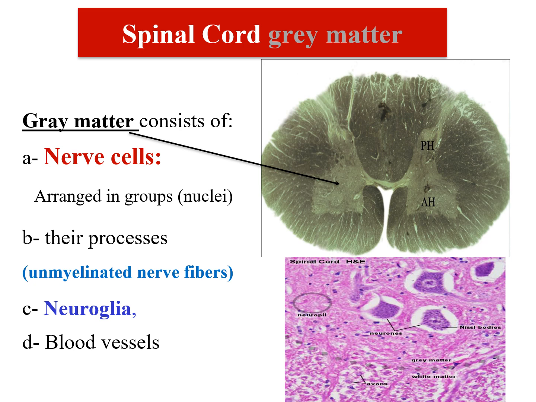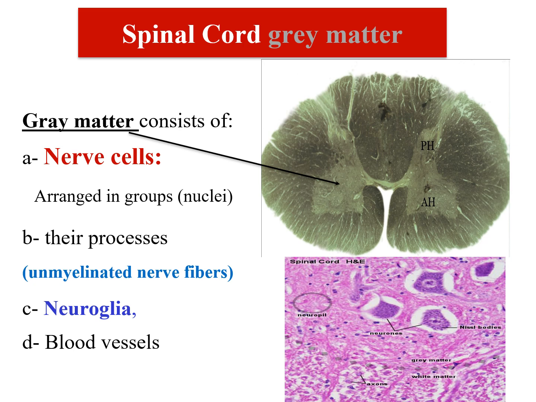It contains another structure, which is neuroglia. You know that neuroglia are supporting cells present around the nerve cells for support. And finally, we can find in the gray matter many blood vessels to give the blood supply for these structures.